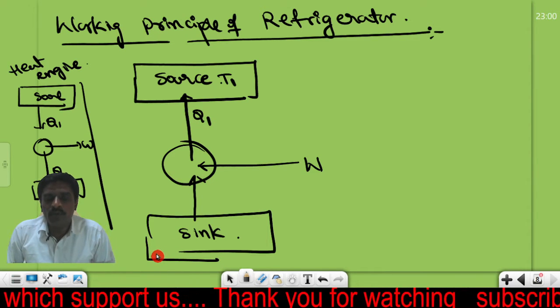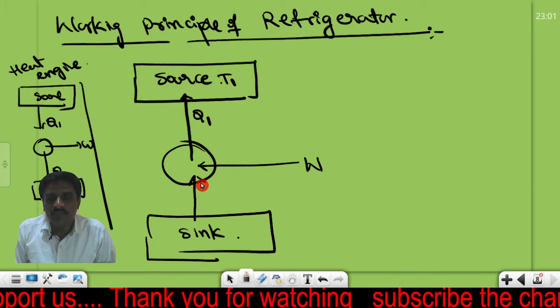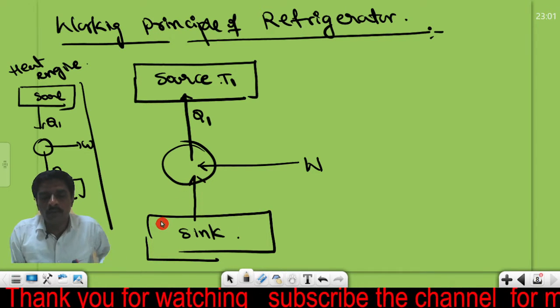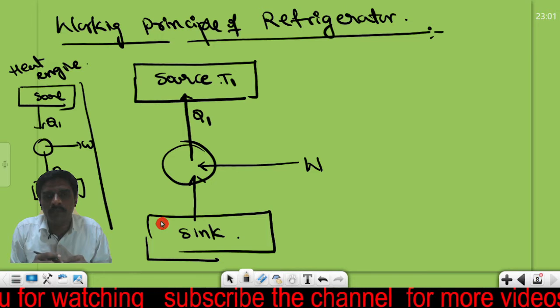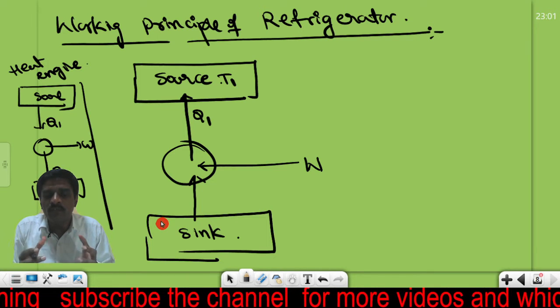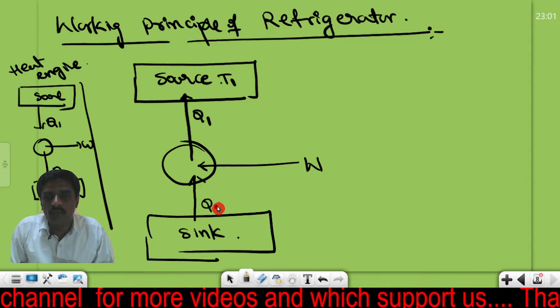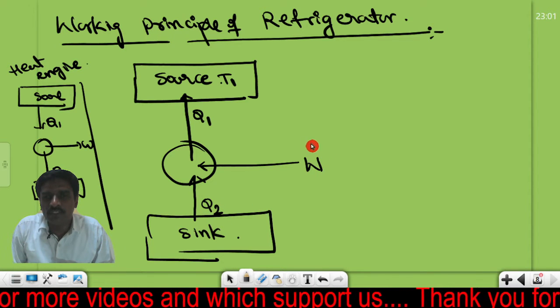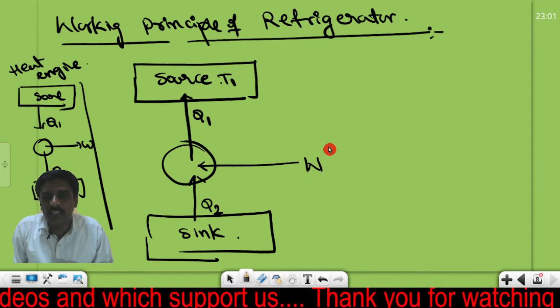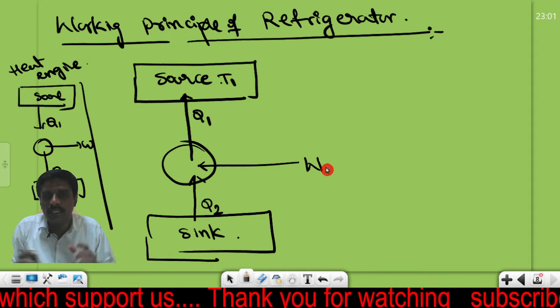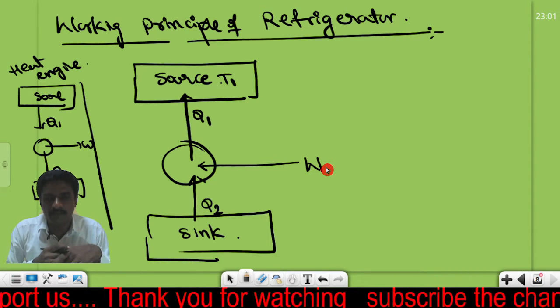But one thing you need to understand here: it is not possible by itself in the refrigerator, because we must perform work with some external device, which may be called the compressor in the refrigerator.